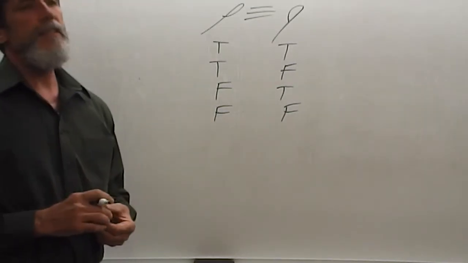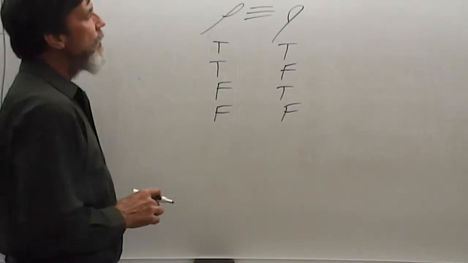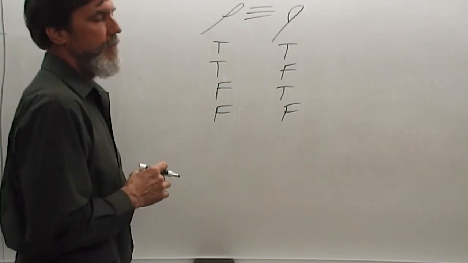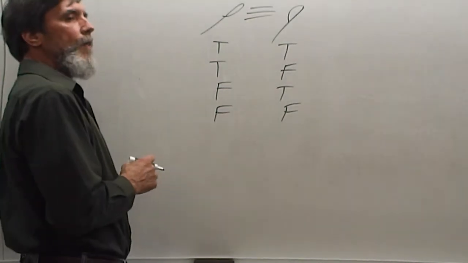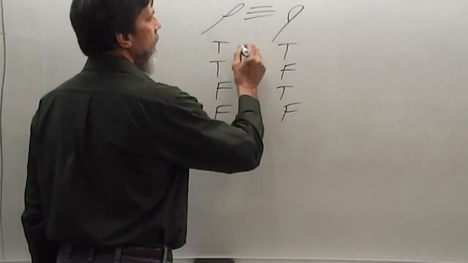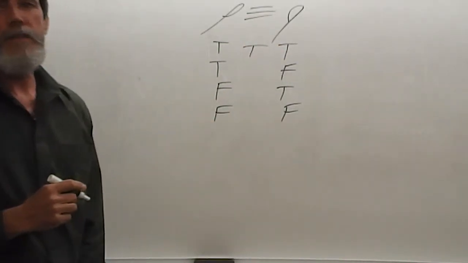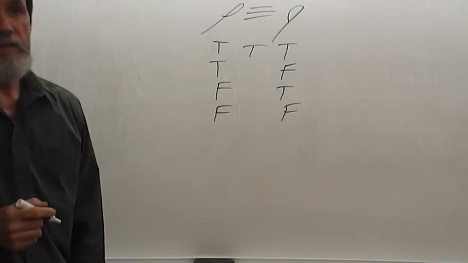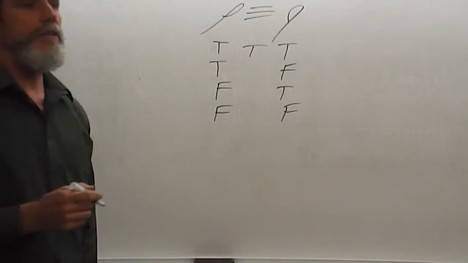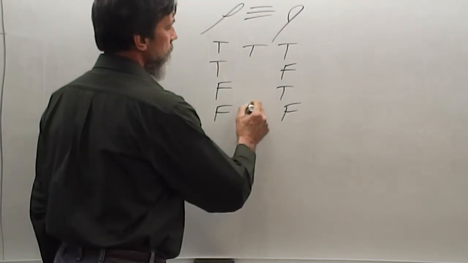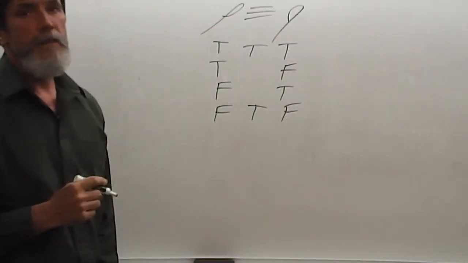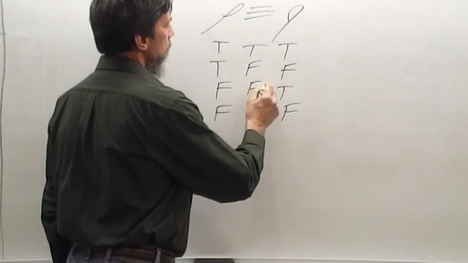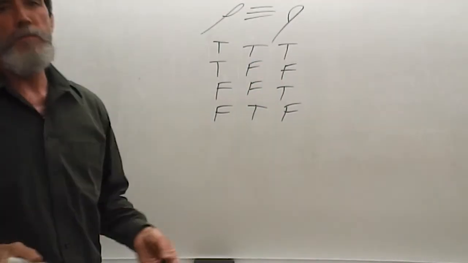So by definition, the tribar is true when those components have the same truth value. In our top row, they're both true, and in that case, we have a true tribar. In the bottom row, they're both false, so they have the same truth value, and our tribar is true there as well. In the other two cases, we have a false tribar, a false biconditional.